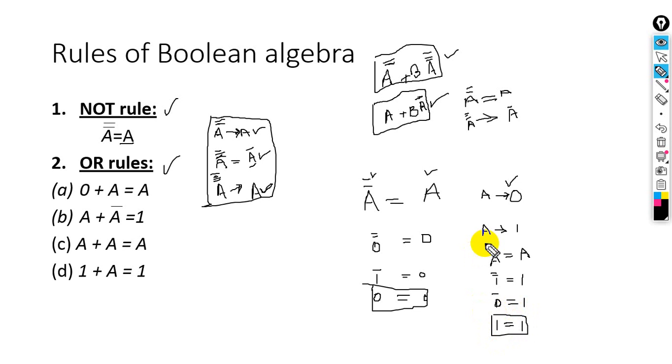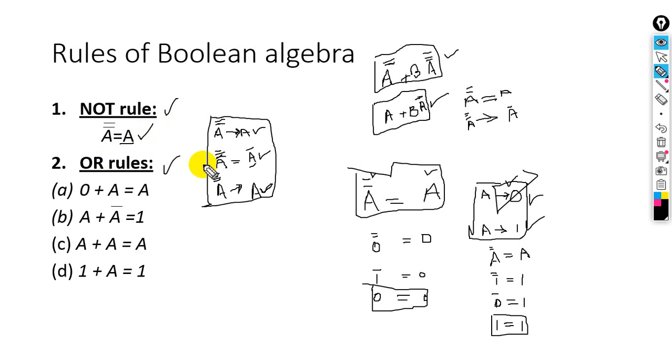So we prove that on both values, 0 and 1, this equation is equal. So a double bar is equal to a in both cases, if a is equal to 0 or a is equal to 1. Both sides are equal, so it means this is correct.